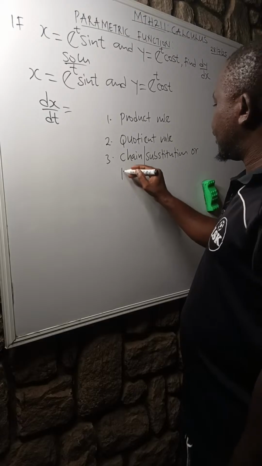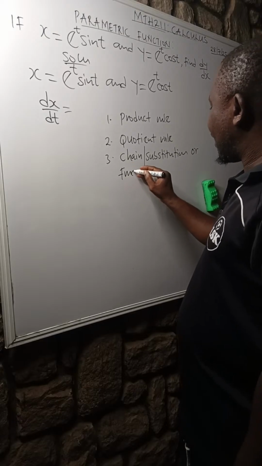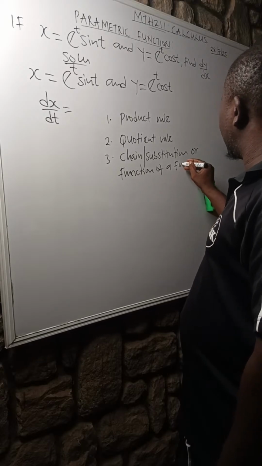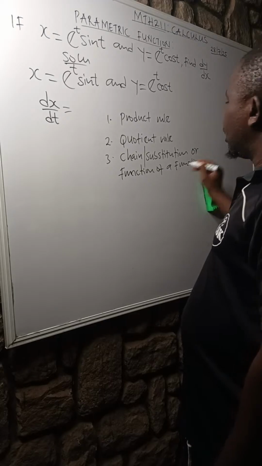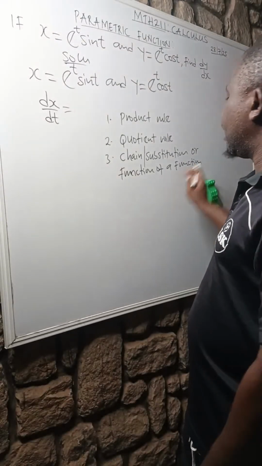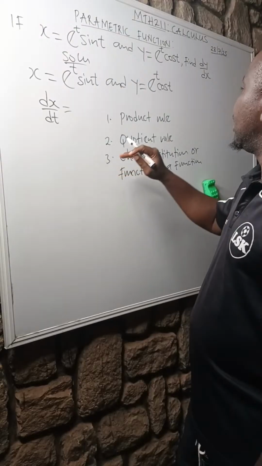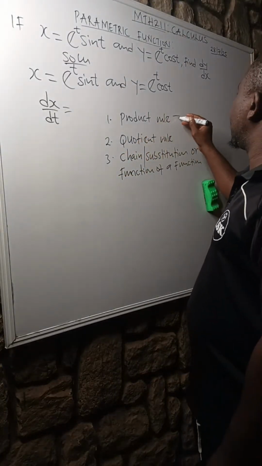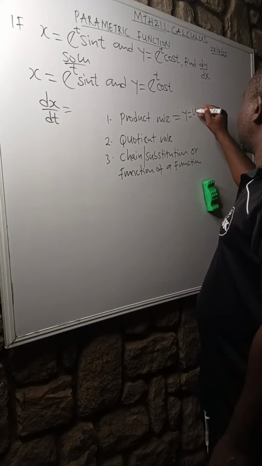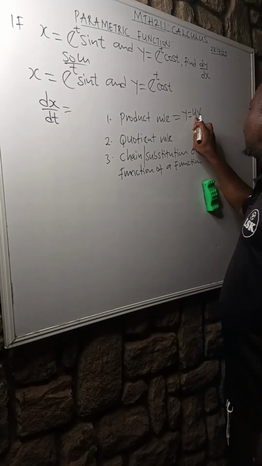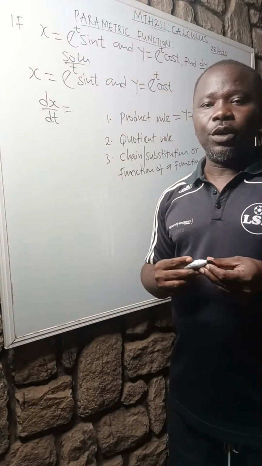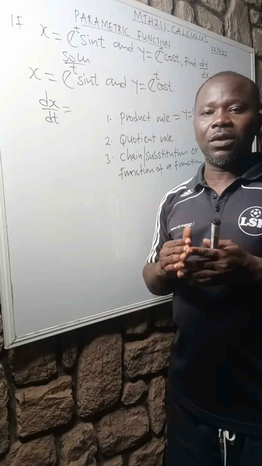Or it is also known as function of a function. So it implies that the chain rule or substitution is also known as function of a function. But they are always of this form. The product rule is always in this form. The equation is y equals uv. It means this is one function, this is another function. When we say product in mathematics, product means multiplication.